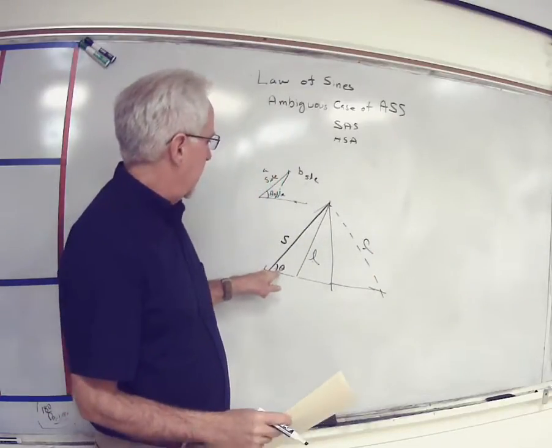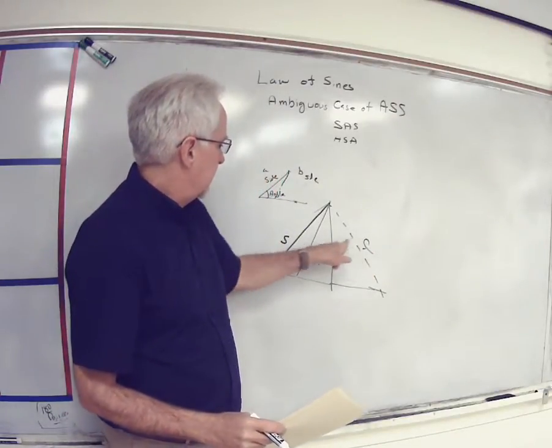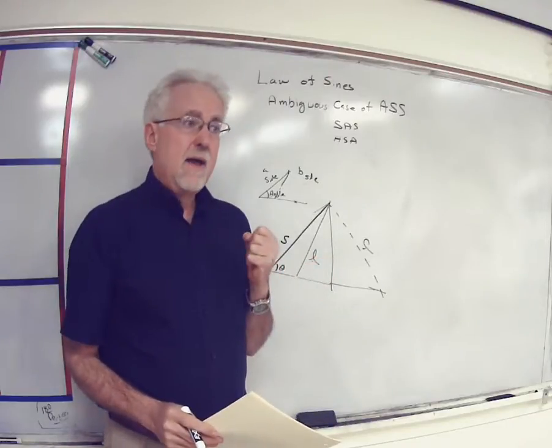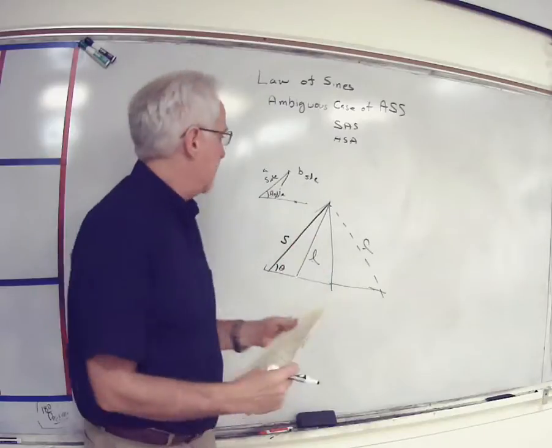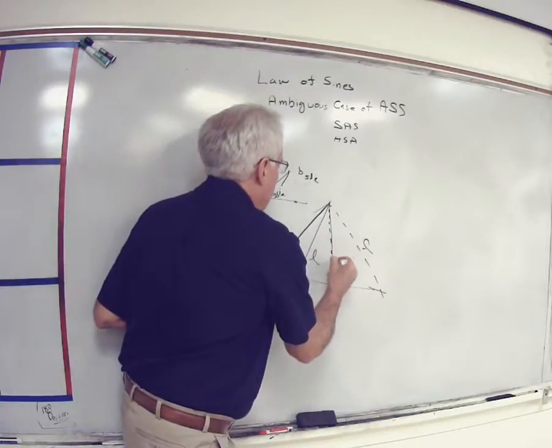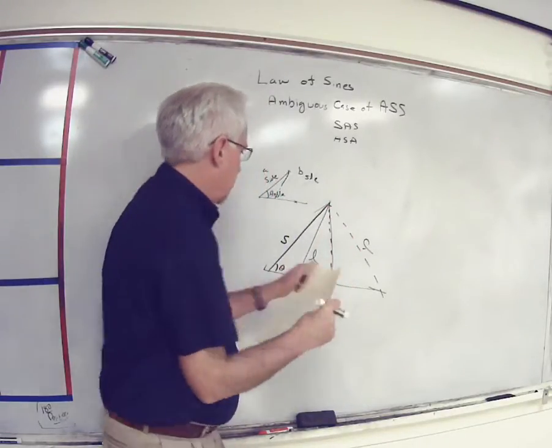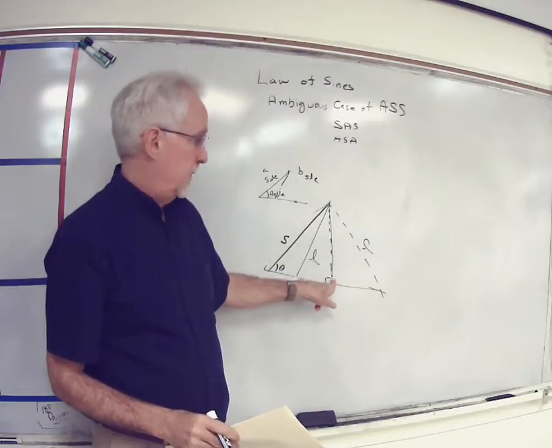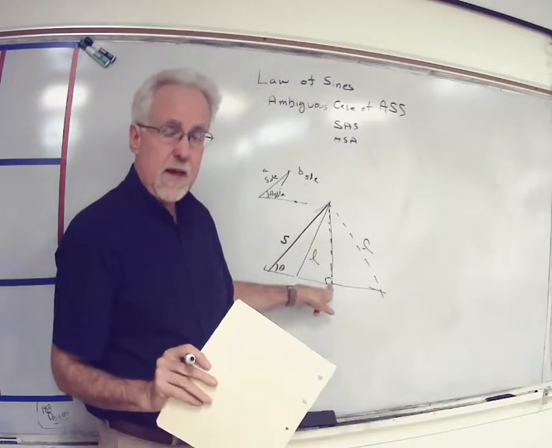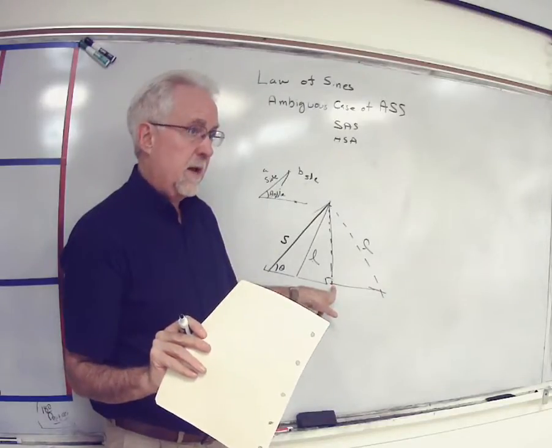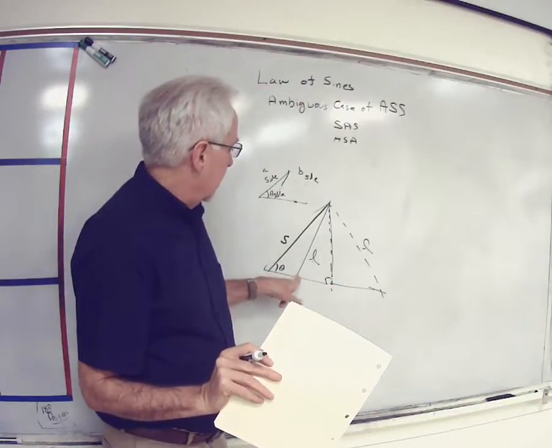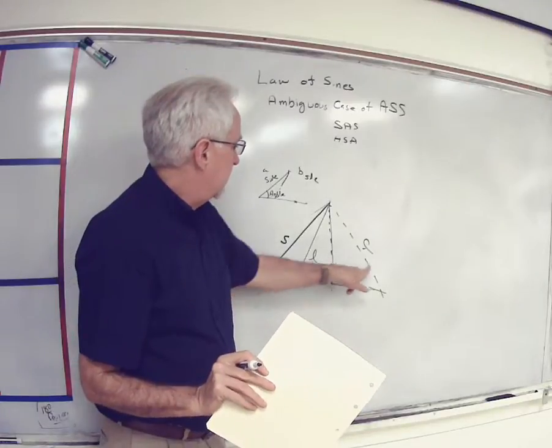So if I give you angle, side, side, how many triangles might I have? 2. This length would give how many? 1. So if it's longer than this, I would have 2 solutions.